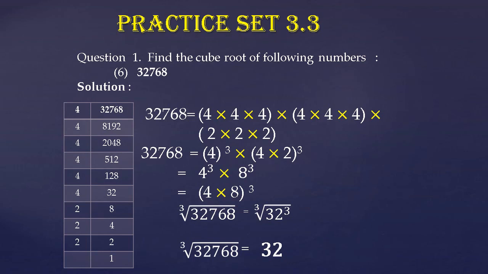Therefore, cube root of 32,768 is equal to cube root of 32 cube, which is equal to 32. Thus, the cube root of 32,768 is 32.